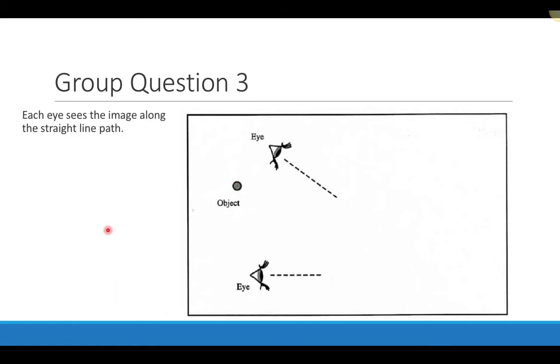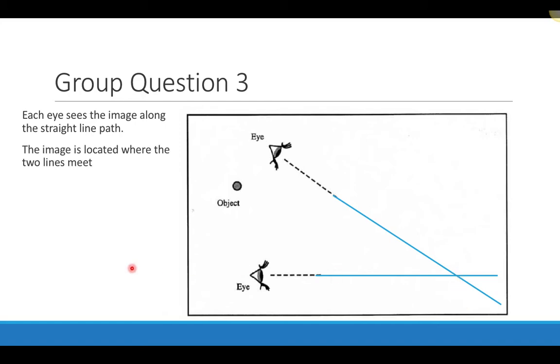The first thing we want to realize is that each eye sees the image along a straight line path, so if we continue those lines from where the eyes are located, each eye believes that the image is located where those two rays of light would apparently meet over here. The image is located where those two rays meet, because each eye is seeing that image.